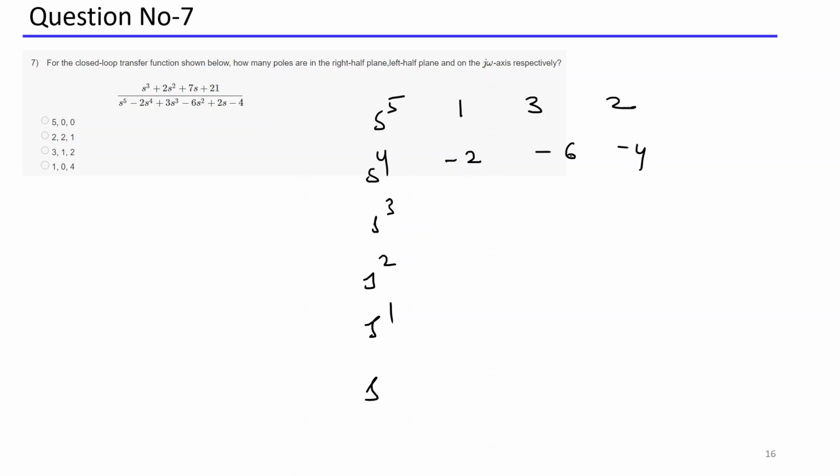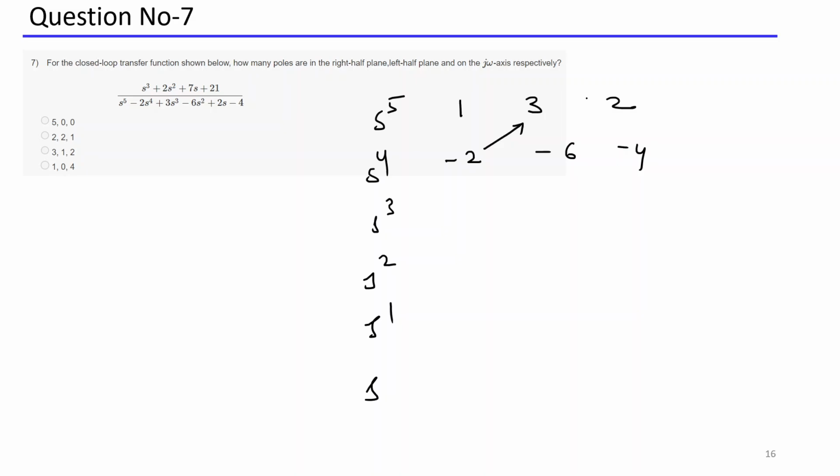One negative term is coming, you see. Next, find out the s^3 row. Multiply this: minus 2 into 3 is minus 6, minus 1 into minus 6 divided by minus 2. How much is this value? Zero.